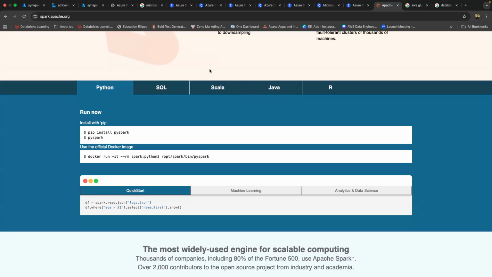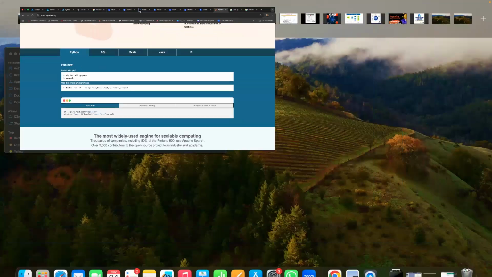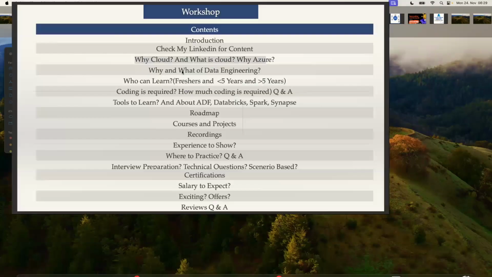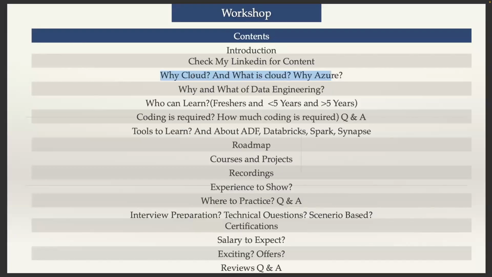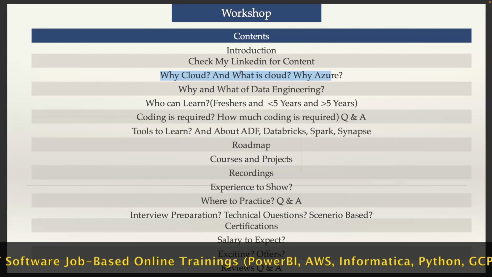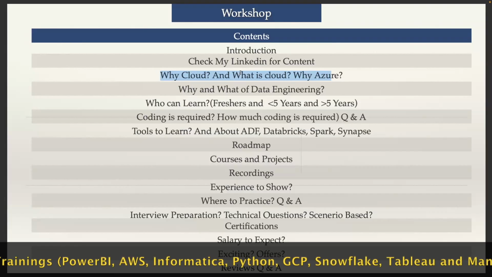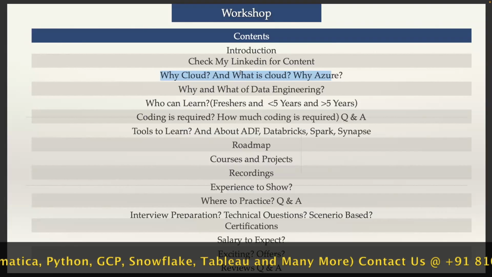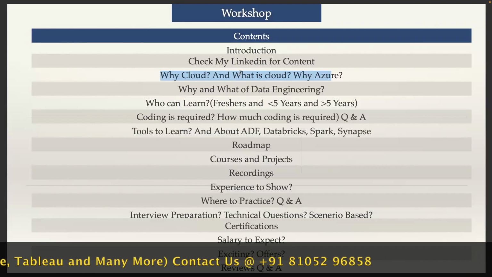All right, so let's try to summarize things. So why cloud? Because it is easy to share and easy to maintain the data. What is cloud? Cloud is nothing but I'm not using my computer, I'm using someone else's computer and paying for it. Why Azure? Because every company uses a Microsoft product, Microsoft is heavily investing in OpenAI, and there are a huge number of openings for Azure compared to AWS and GCP.